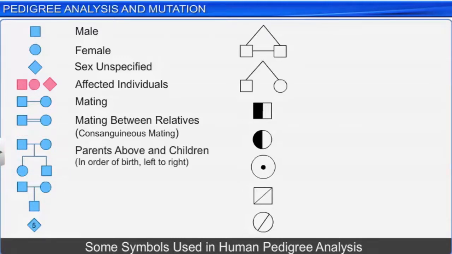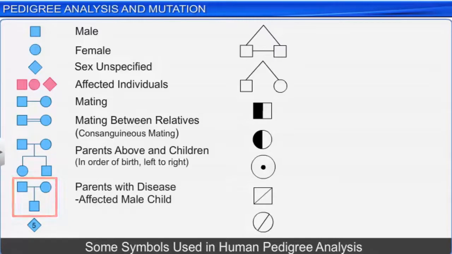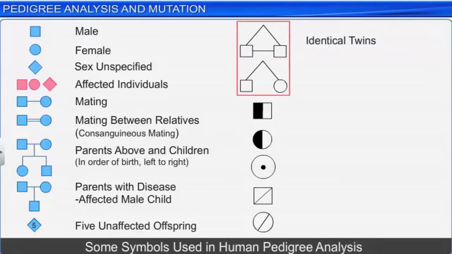However, a parent with a disease-affected male child is represented differently, and 5 unaffected offspring are represented by a number within the rhombus. Identical twins and non-identical twins are represented as shown.